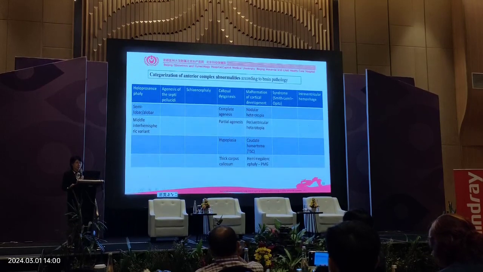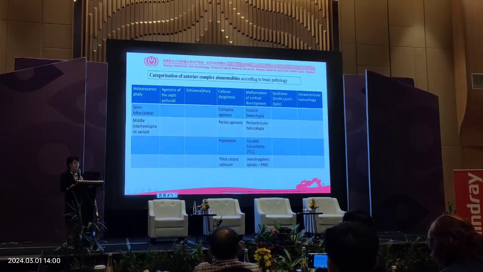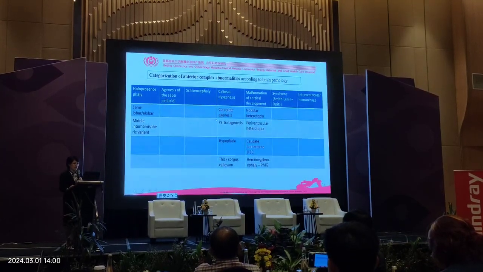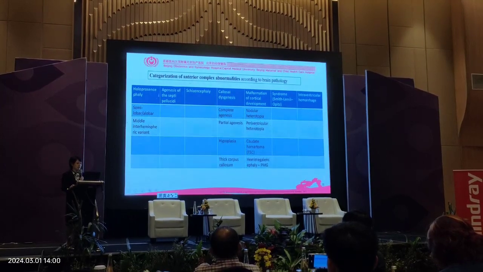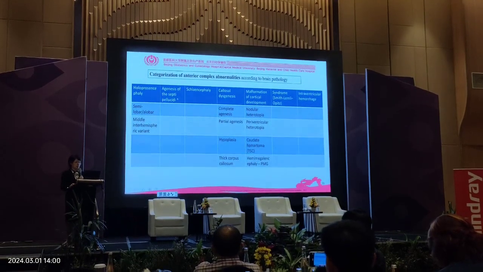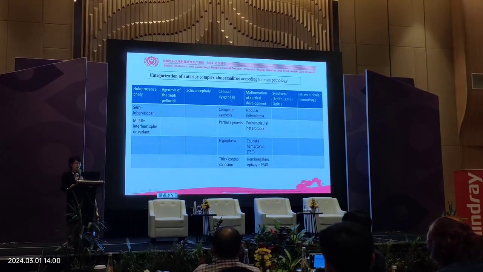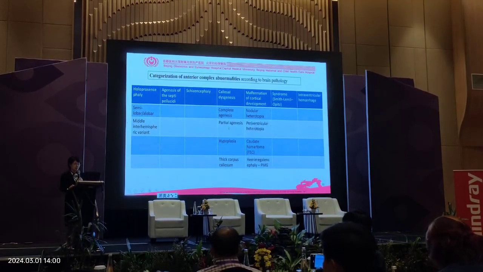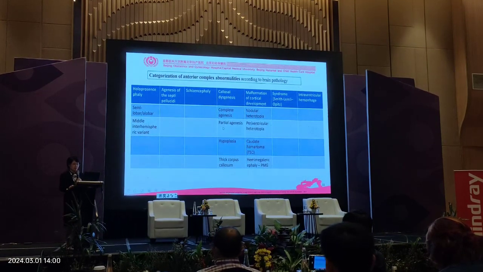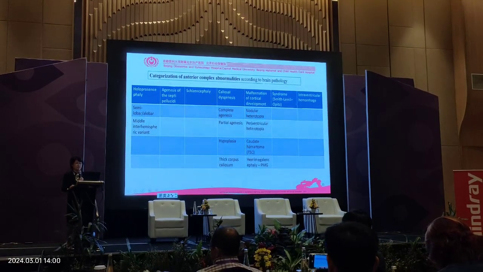According to the brain pathology, we can see different diseases of the anterior complex abnormalities, including holoprosencephaly, semilobar holoprosencephaly, agenesis of the septum pellucidum, and the secondary cavity, callosal dysgenesis, including partial agenesis, complete agenesis, hypoplasia, and the thin corpus callosum.